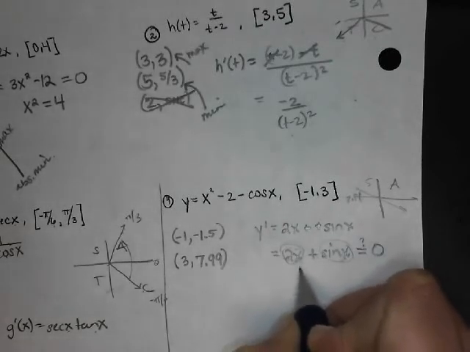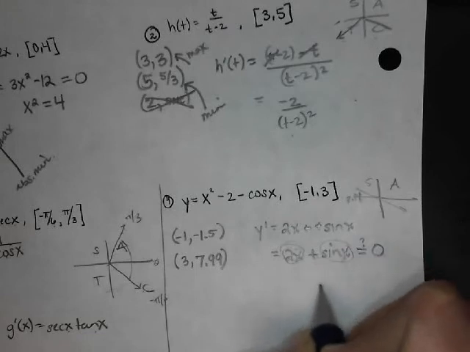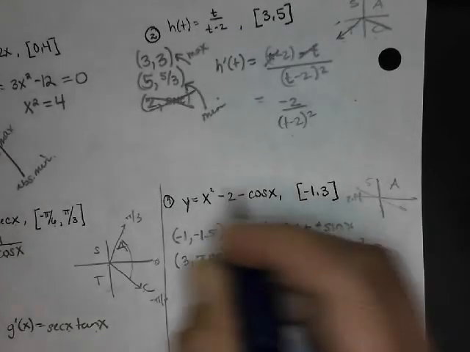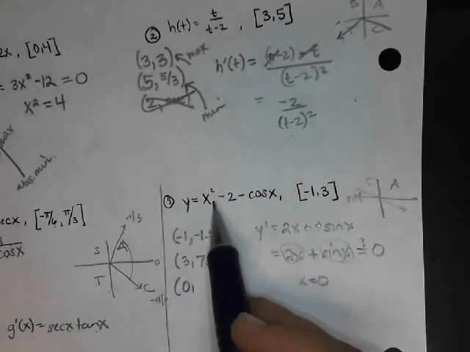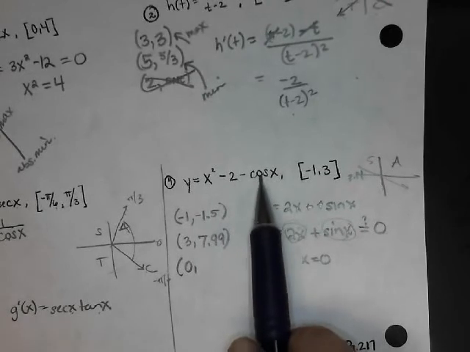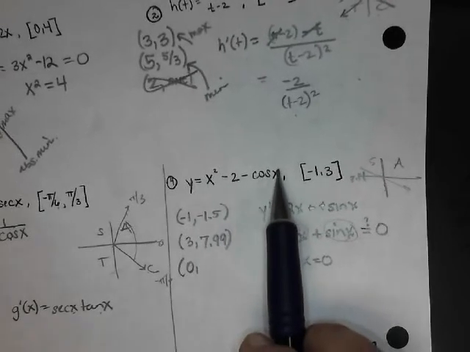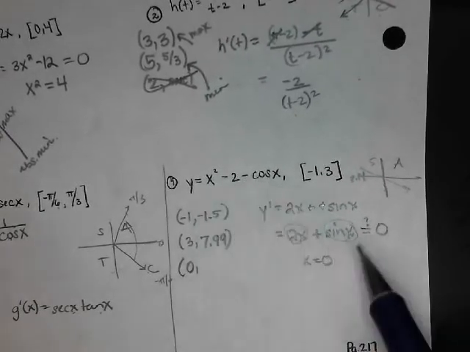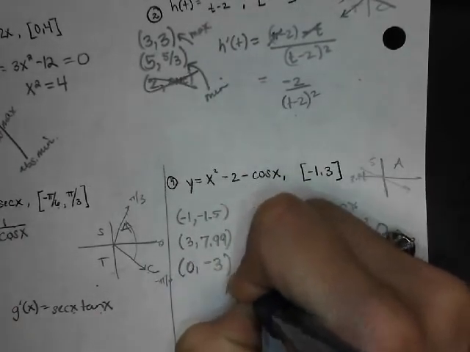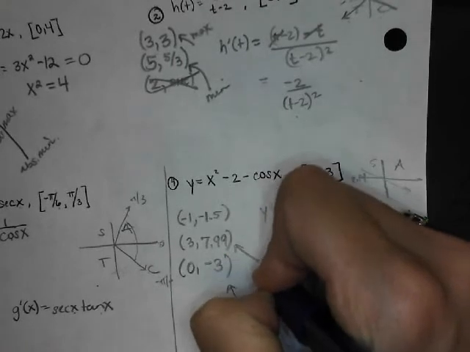And so, 0 is obviously always a special case worth testing, and x equals 0 would make that work as well. So if you plug in 0, you're going to get 0 minus 2, which is -2. The cosine of 0 is 1, so you'd have -2 minus 1, which would be -3. So with that, we have a minimum and we have a maximum.